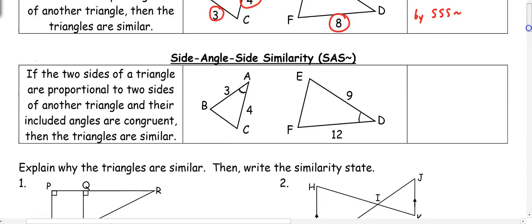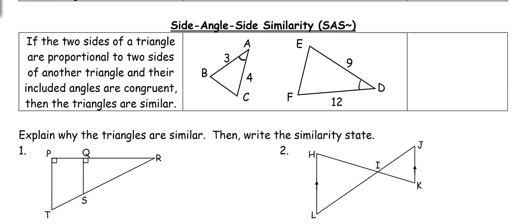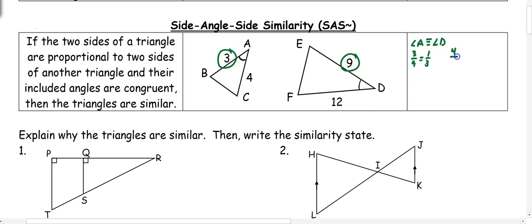The last type of similarity then is side-angle-side. In side-angle-side, it's going to have one set of angles that are congruent and then two sets of proportional sides that are touching the angle, so basically the sides that form that angle. In this case, we have that angle A is congruent to angle D. We're going to see that 3 over 9 reduces to 1/3, and 4 over 12 also reduces to 1/3.